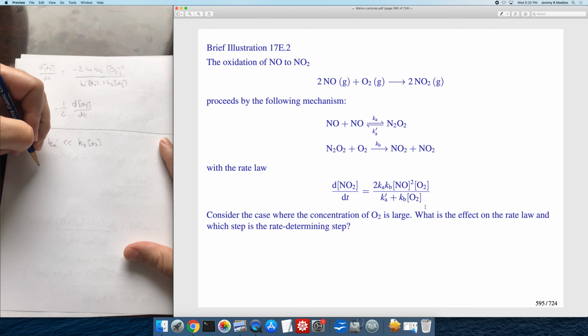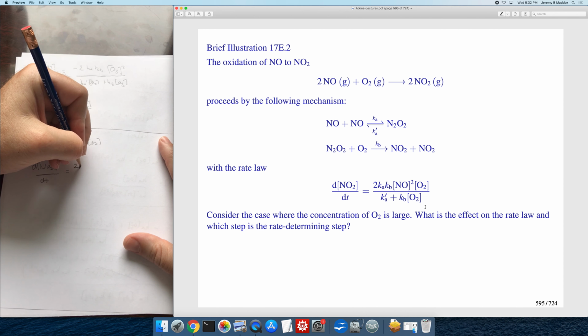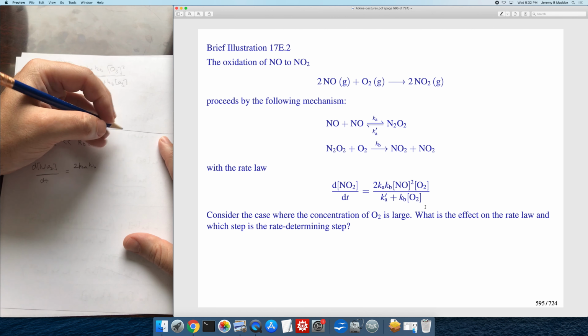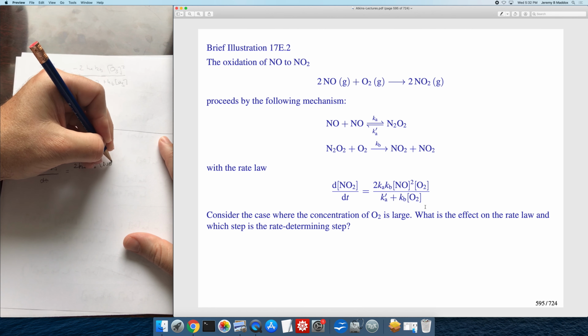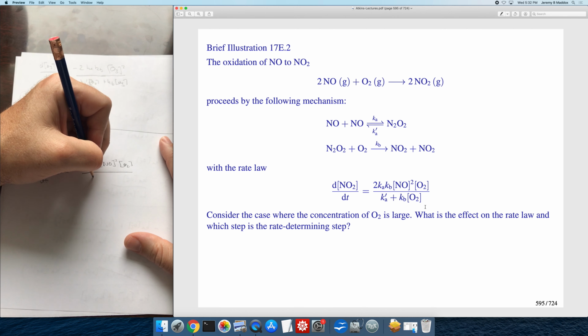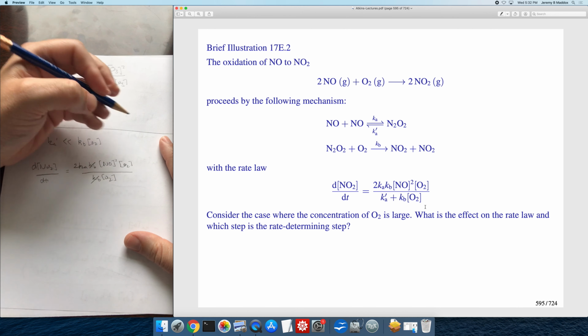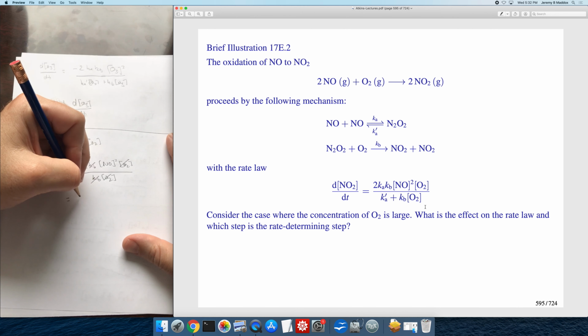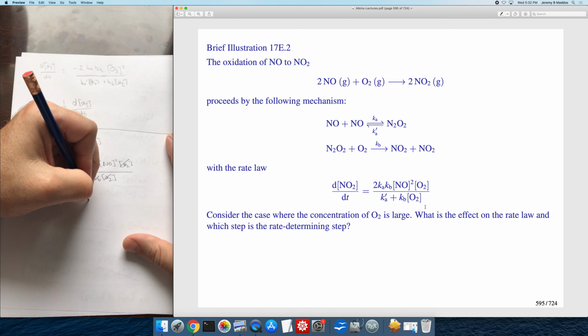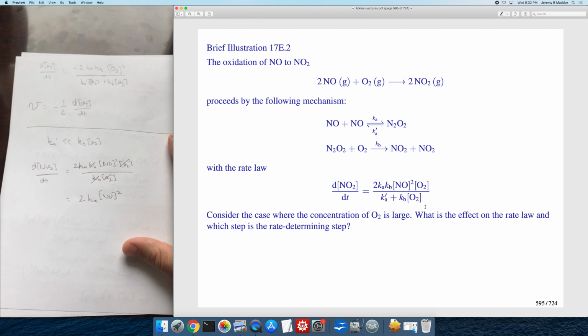And so we can rewrite the rate as 2Ka Kb [NO]² [O2] over Kb [O2], and we'll get a cancellation, and so we wind up with 2Ka [NO]².